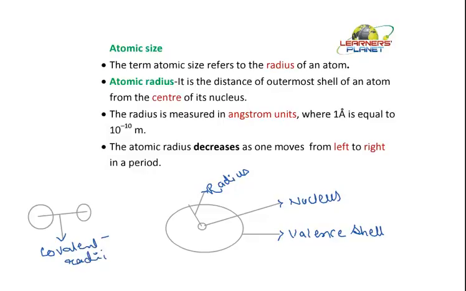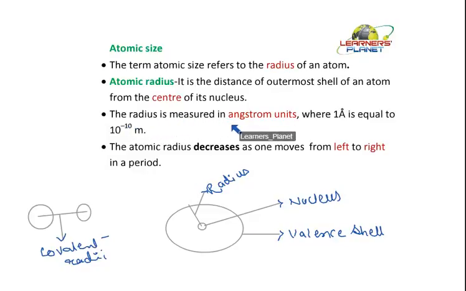Likewise, the distance between the nuclei of two atoms bonded by an ionic bond will be the ionic radii. The distance between two atoms bonded by van der Waals forces of attraction would be the van der Waals radii. Now what is the unit for measuring radius? We know that an atom is a very small entity, so how can we measure it?